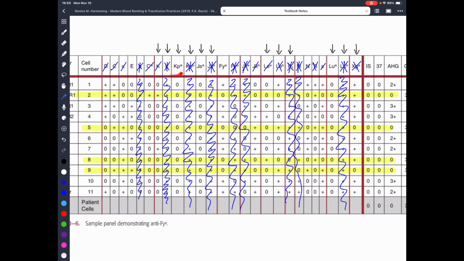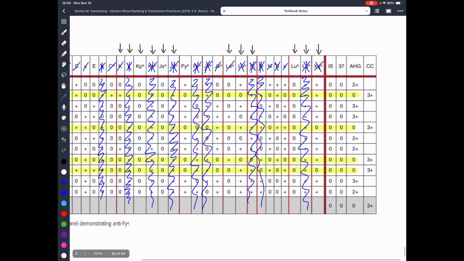KPA has no crossouts. Maybe this might be the one. Let's compare the results just like we did. Here we have 0, 0. Actually, these are 0 the whole way down. So if the patient actually did have antibodies against this antigen, there's no way for us to know because there's no KPA present in any of the reagents.